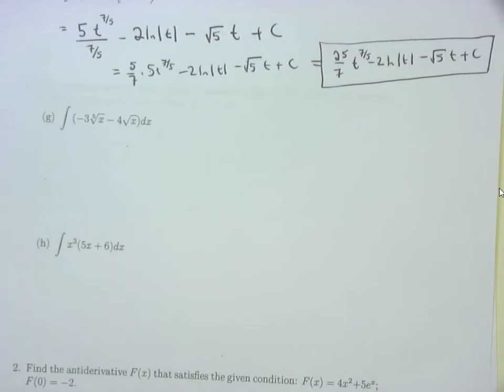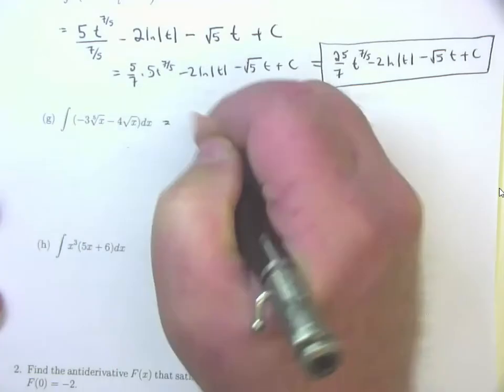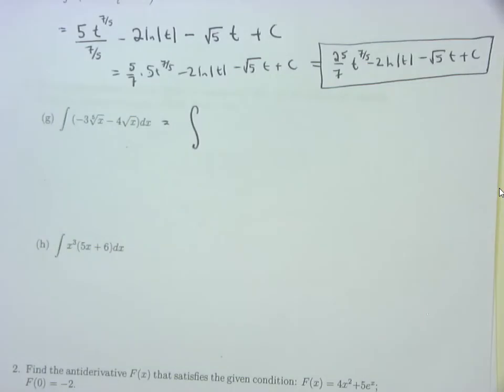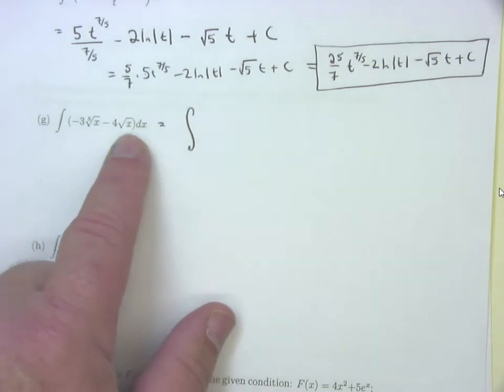And here's where John's fundamental rule of calculus plays a part. When you start doing these more advanced problems, first rule is clean it up first. Okay? So, this will become the integral of -3 times the 5th root of x minus 4 times the square root of x. Now you're taking the 5th root and the square root of a variable.